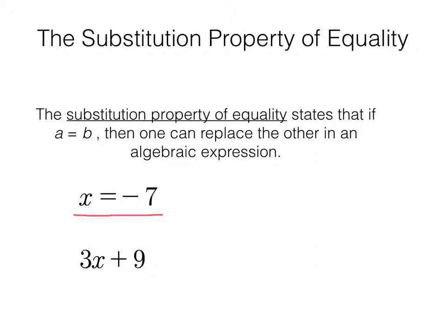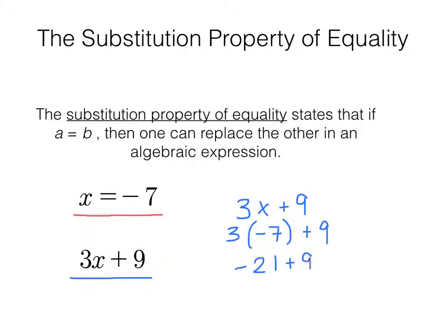Let's take this one right here: 3x plus 9. I'm going to take my expression and substitute the -7 for the x. And then I do the math, and I get my answer. So we're substituting one value for another because they are equal.